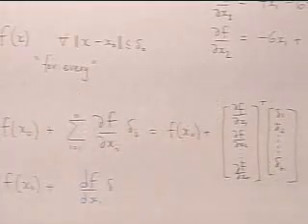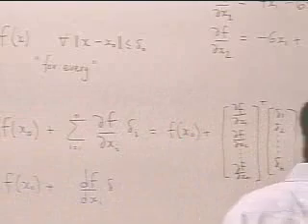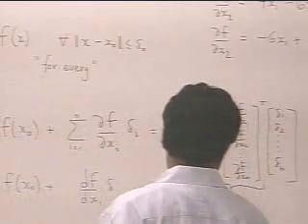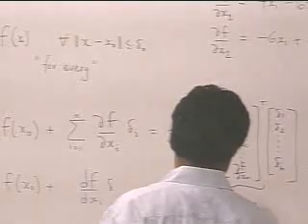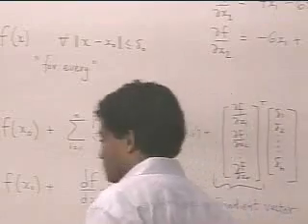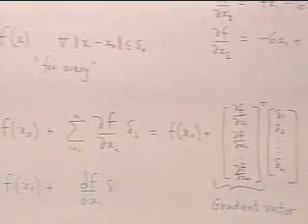It's exactly the same expression, just an algebraic manipulation. This vector of partial derivatives is called the gradient vector.